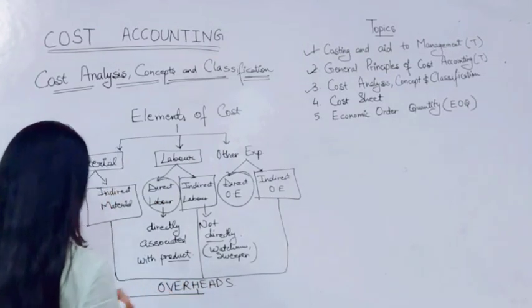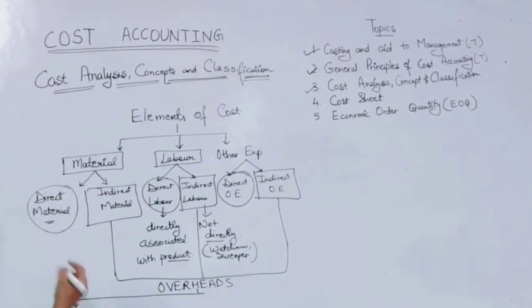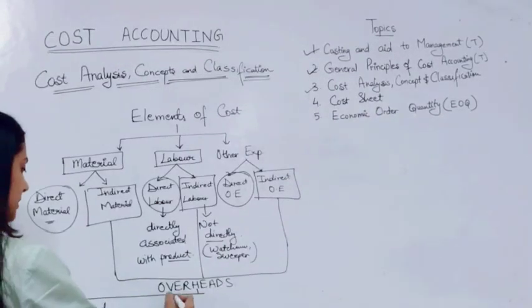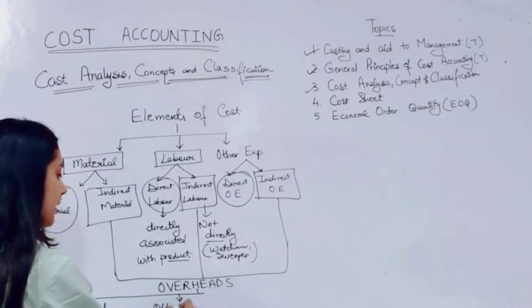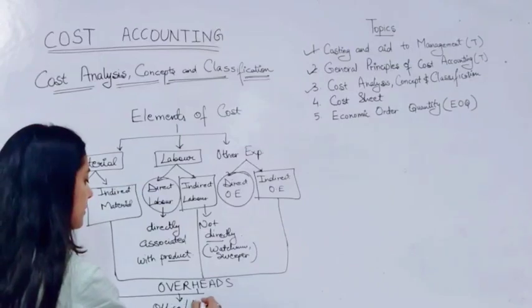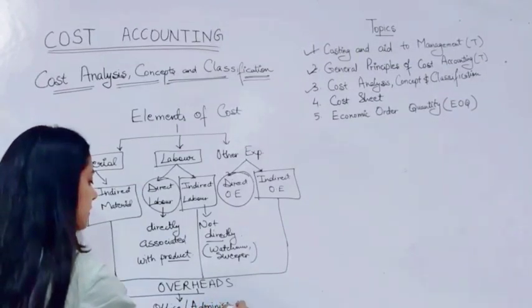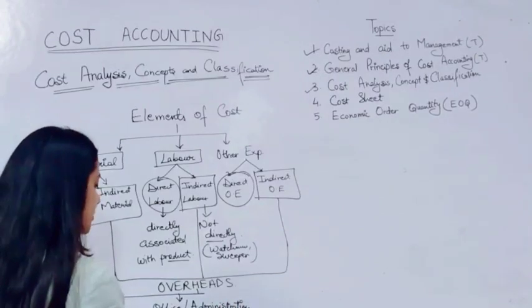So now indirect material, indirect labor, and indirect other expense will formulate your overheads, which are further classified into, the first one, production and works overheads. Next will be office or administration overhead.